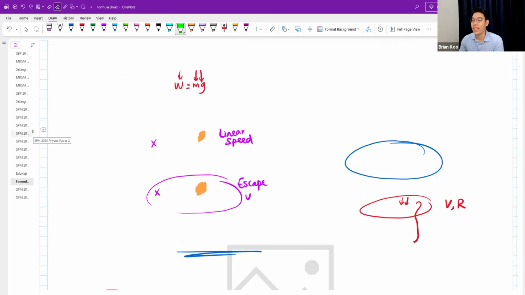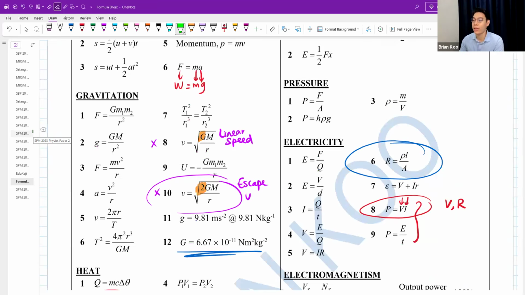The definition of potential difference and electric current is this one and this one, where current is rate of flow of charge. The definition of current is rate of flow of charge, Q divided by T. The definition of voltage is energy or work done to move 1 coulomb of charge from one point to another point. So these are the definitions.